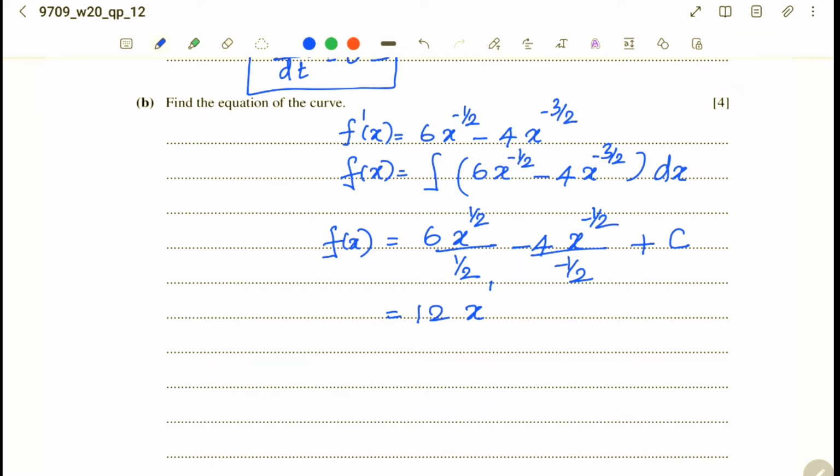That is 12x power 1/2, minus multiplied by minus becomes plus 8x power minus 1/2, plus c. This is f of x.